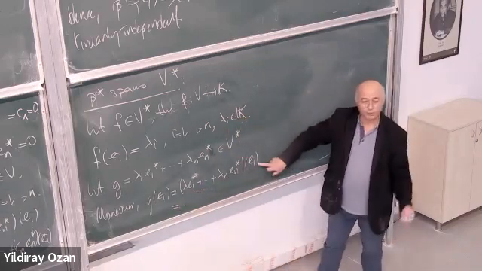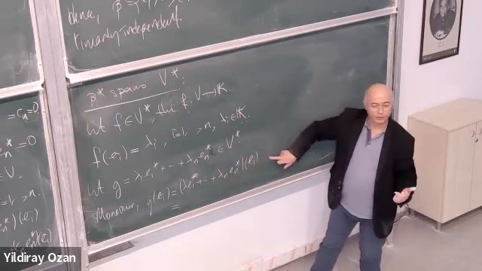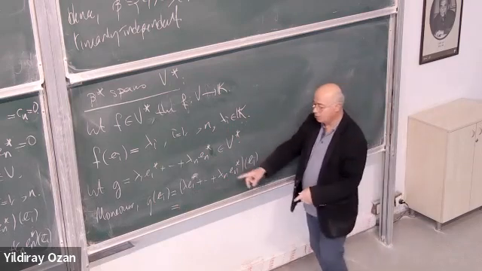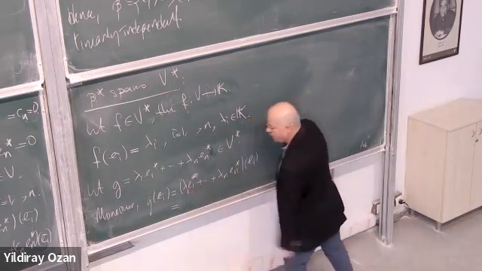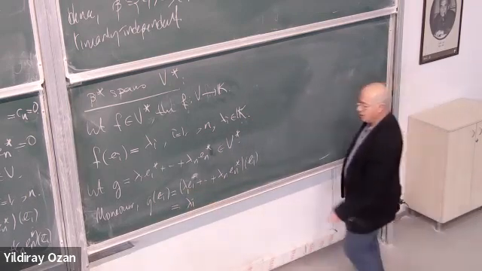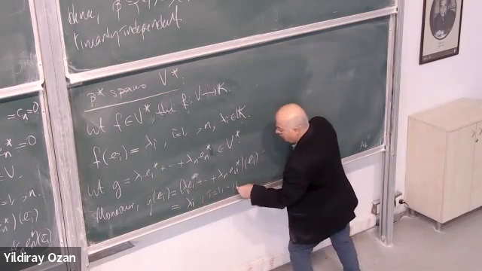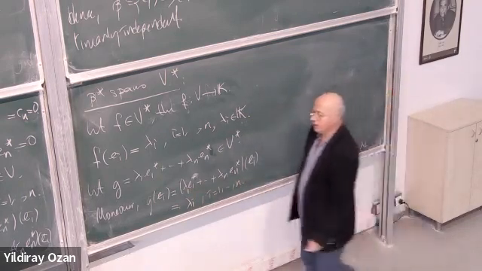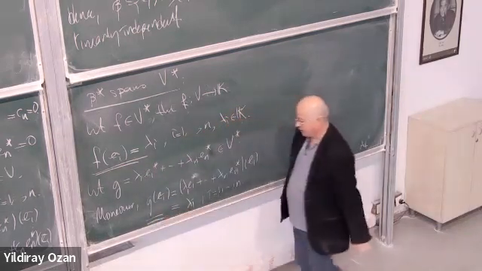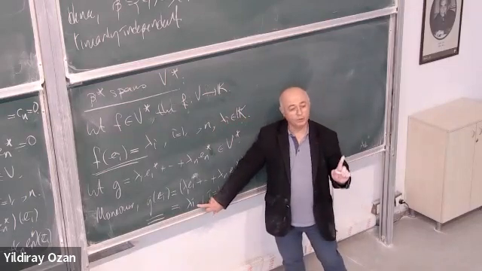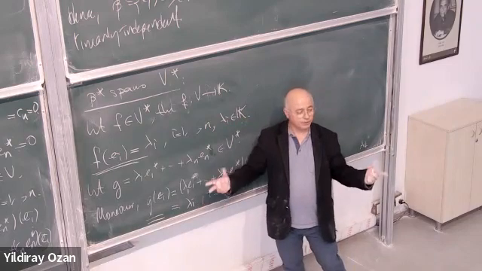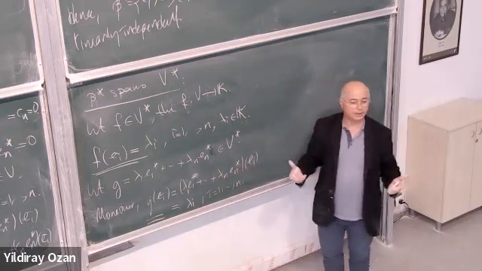E1 star will evaluate to 0, E2 star will evaluate to 0, EI star will evaluate to 1, and its coefficient is lambda I. Therefore, this will be just lambda I, for I from 1 up to n. What we see is the following. This linear map and this linear map take the same values on any basis elements, right? Therefore, these two linear maps are the same. Okay.